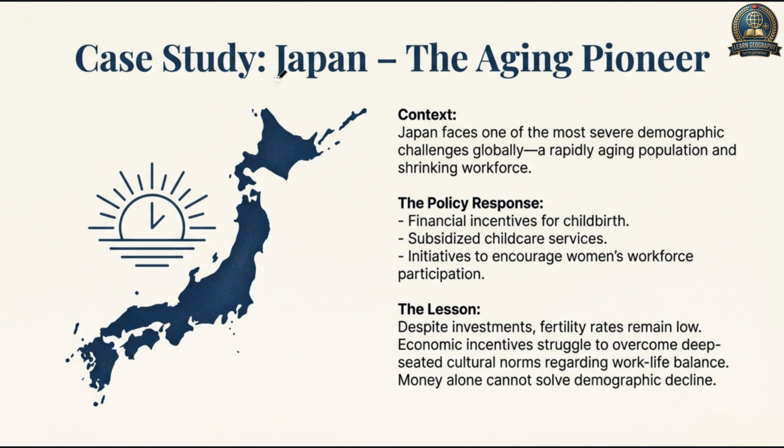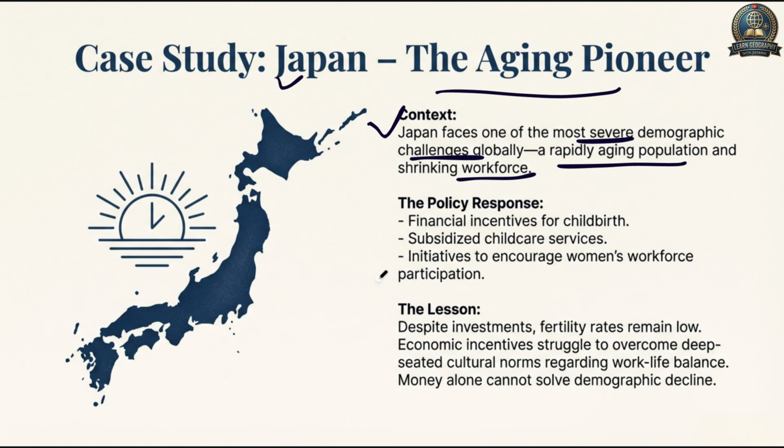A case study from Japan, the aging pioneer. What is the context in Japan? Japan faces one of the most severe demographic challenges globally: a rapidly aging population and a sinking workforce. There is a lack of working-age population. The policy responses in Japan: financial incentives for childbirth, subsidized childcare services, and initiatives to encourage women's workforce participation.